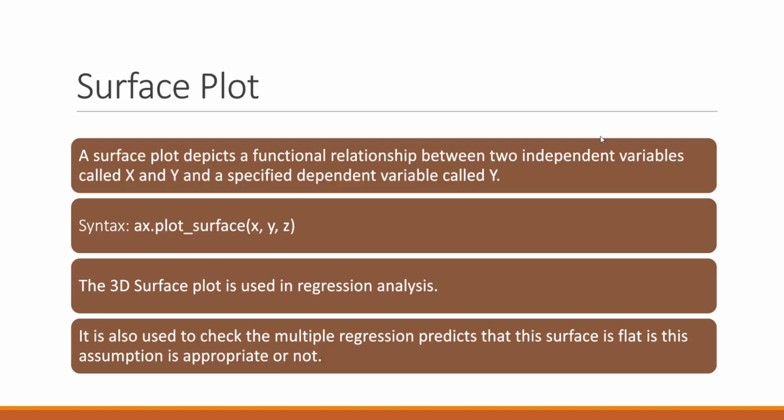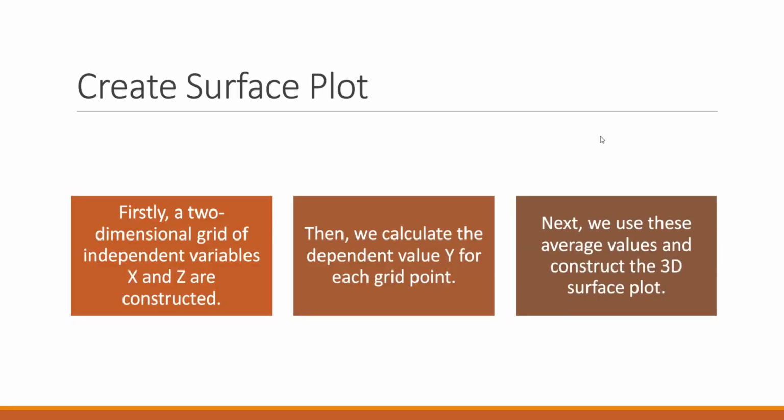So now we will learn how to create the surface plot. The first step is a two-dimensional grid of an independent variable x and z are constructed and the range of this grid is equal to the range of the data.